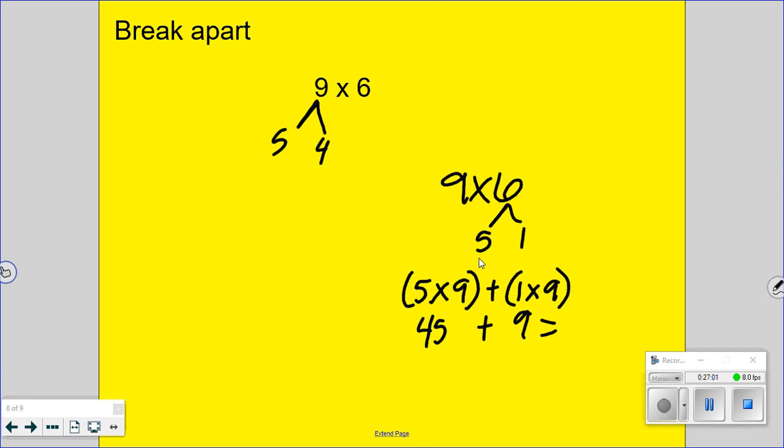But if you're like, you know what, I'm going to do my 5s and 4s or 6 and 3s or whatever, live your best life. This is where you get to choose what works for your brain. I picked breaking up the 6 because that makes my brain happy. My brain got confused because I had 5 groups and 6. I counted. I didn't know if I was counting. That happens.